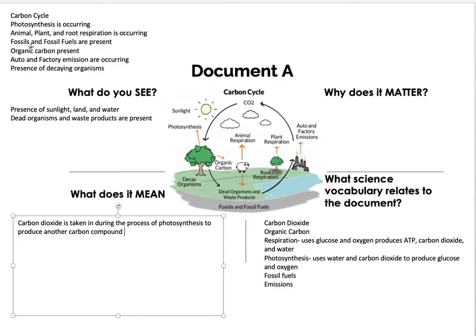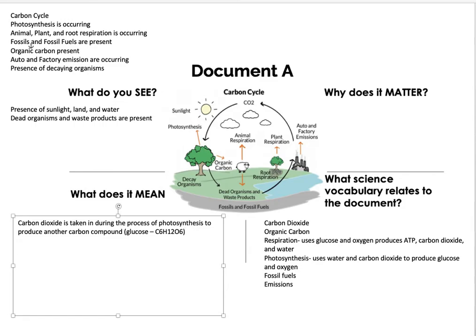And that carbon compound is glucose, C6H12O6. Okay, and these are subscripts right here. Okay, so glucose is a carbon compound. Carbon dioxide is taken in during the process of photosynthesis to produce another carbon compound, glucose.